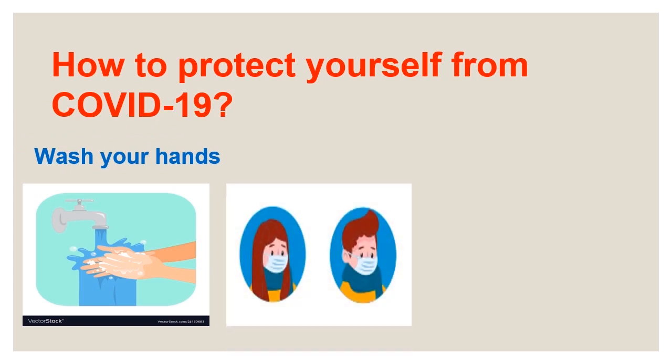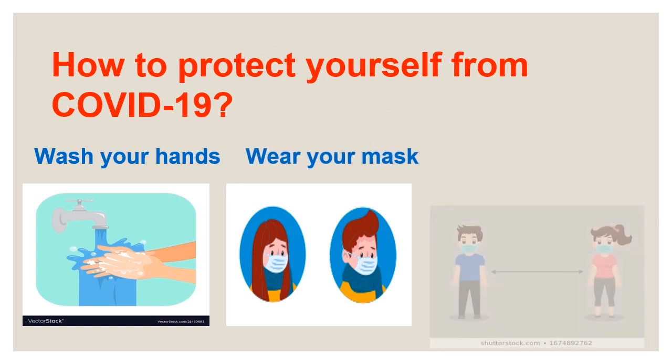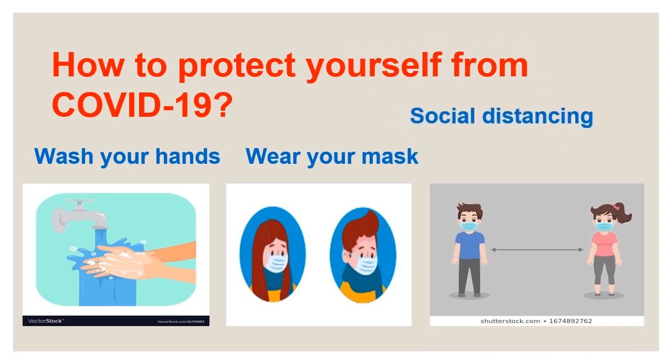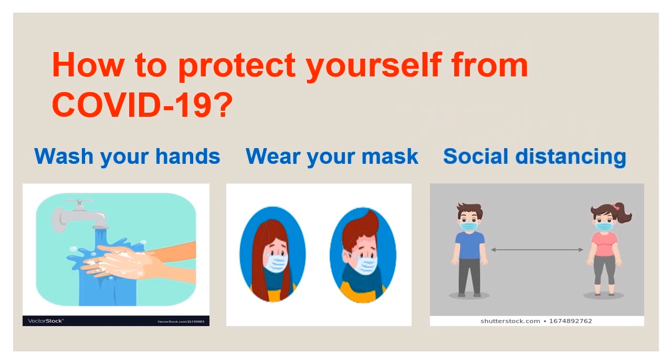The second one is wear your mask. This is very important. The third one is social distancing. We have to make some distance from our friends to protect ourselves from infection.